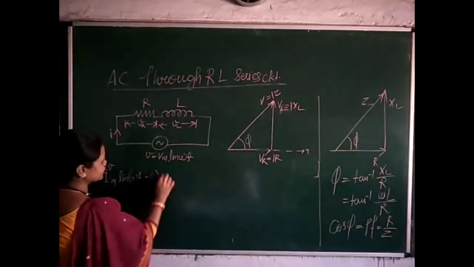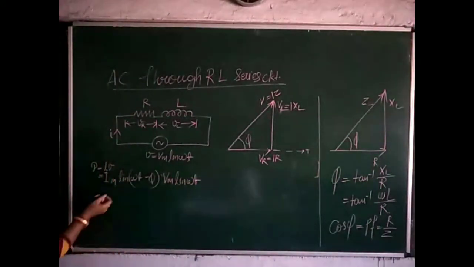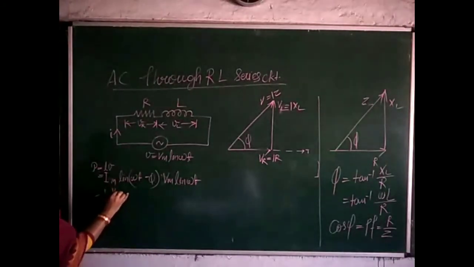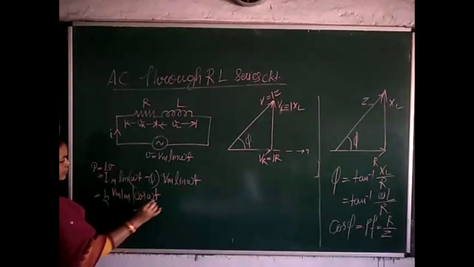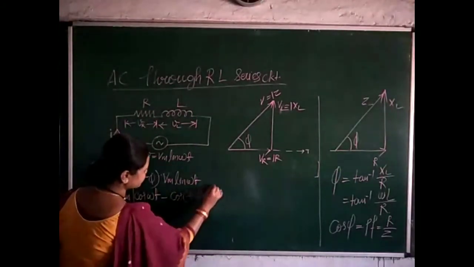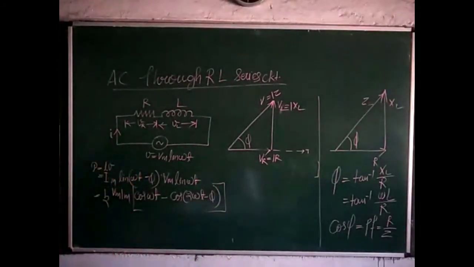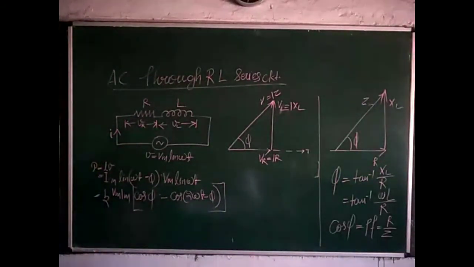It is Vm sin omega t. If you simplify this equation, you get Vm Im by 2 whole into cos phi, sorry, this one is cos phi, minus cos(2 omega t minus phi).